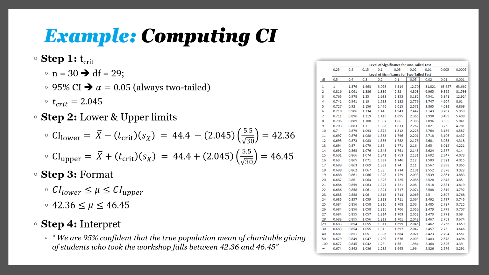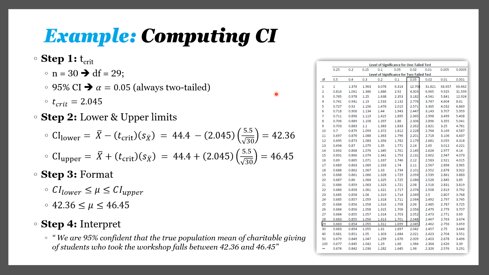Okay, so let's solve this problem and compute the 95% confidence interval. Step one is to find the critical t value from the t table. Our degrees of freedom is n minus 1, so 30 minus 1 is 29, and that's going to be our row.